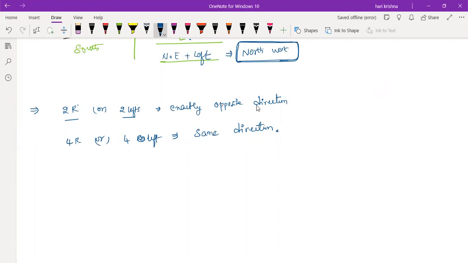Understand this one? If 2 lefts or 2 rights are there, it is exactly the opposite direction. If 4 rights or 4 lefts are there, they are all in the same direction.